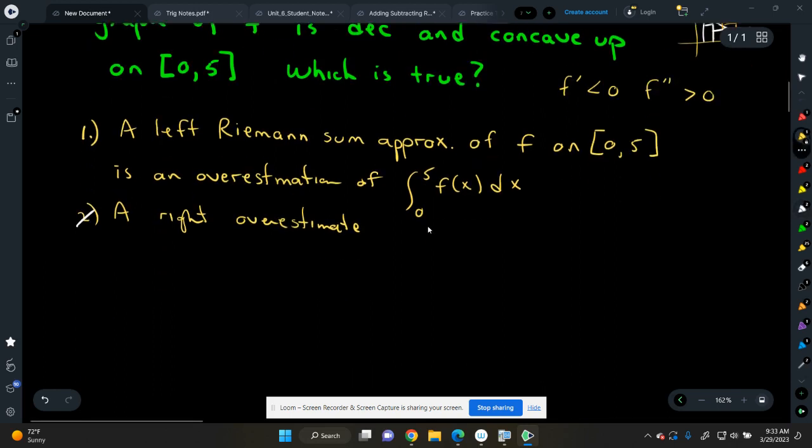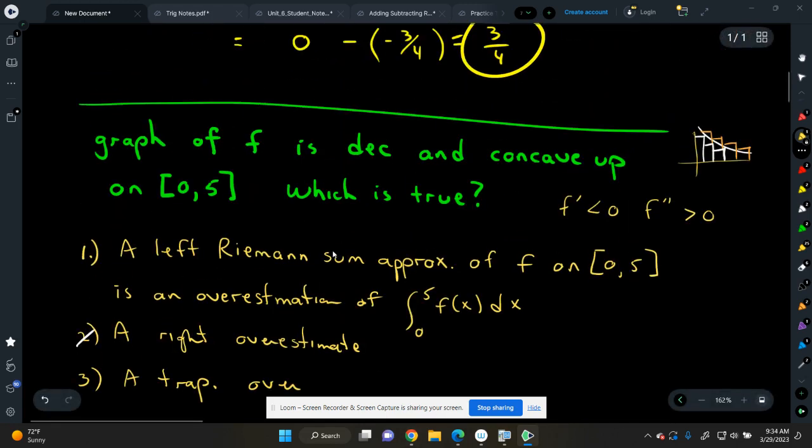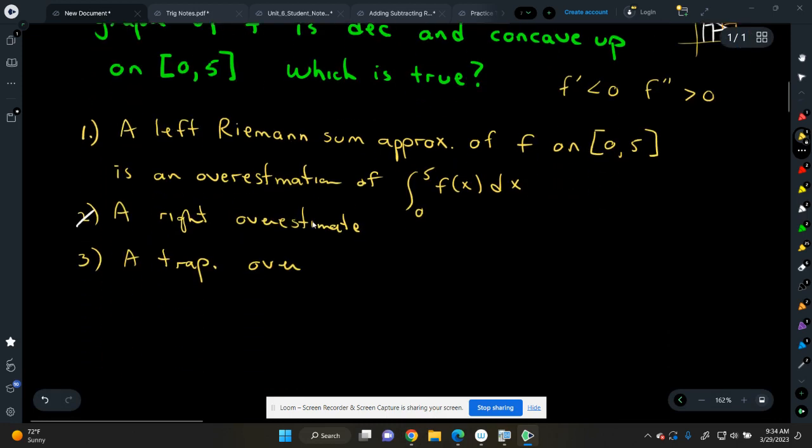Okay. Number 3, trapezoidal is an overestimation. Trapezoidal. So let's see. Let me just redraw it again because it's hard to see mine now. This one's a little trickier, isn't it?